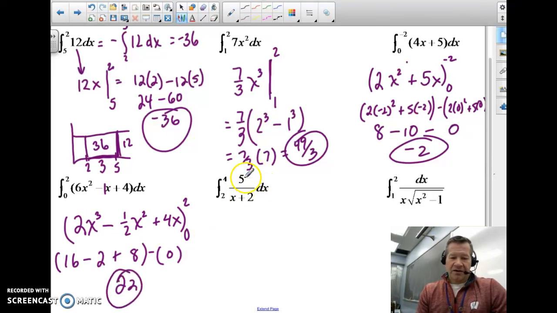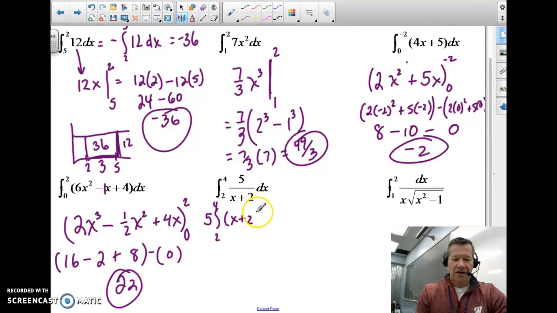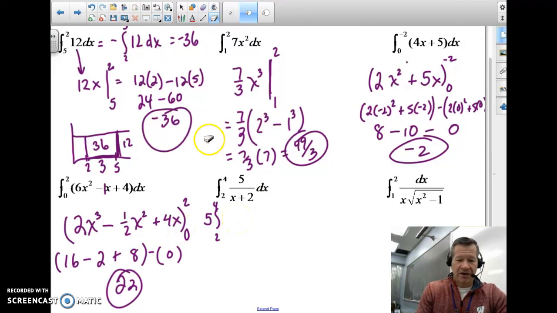Now look at this one. Well, this looks a little more difficult, but if I rewrite it as 5 times, and the 5 is a constant multiple, I can take that out front, actually we can leave it as 1 over x plus 2. Let's do that. I know 1 over x is the derivative of natural log, right?